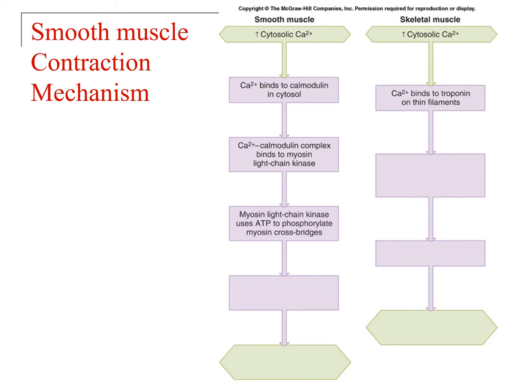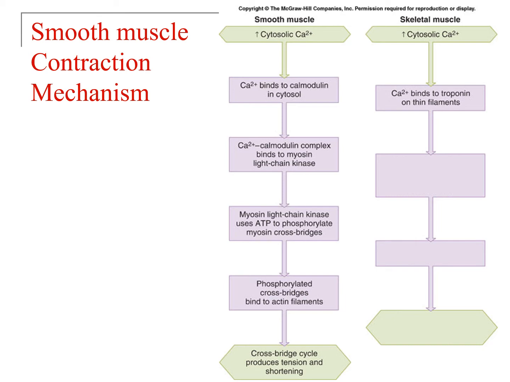After this, the myosin light chain kinases use ATP to phosphorylate myosin cross bridges. Once the myosin has been phosphorylated, it is able to form cross bridges with actin filaments, and the cross bridge cycle produces tension and shortening.